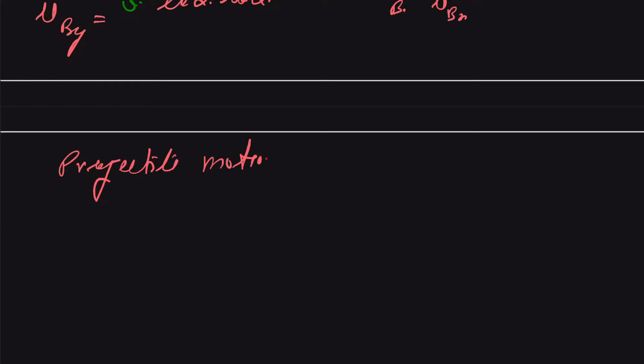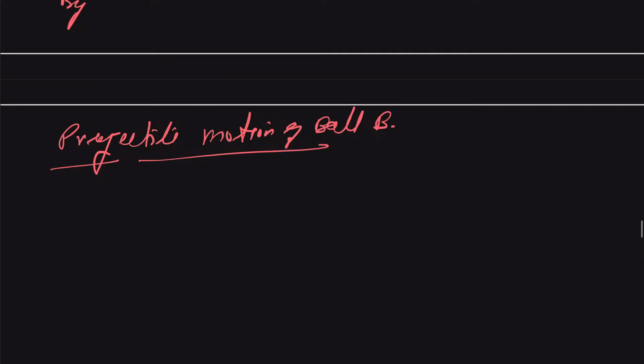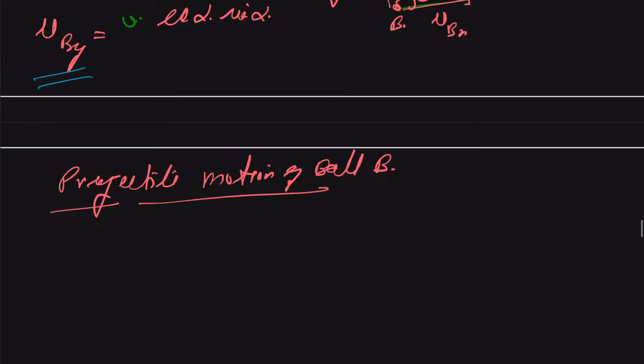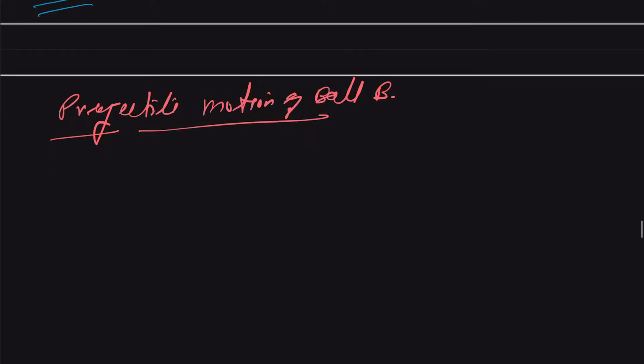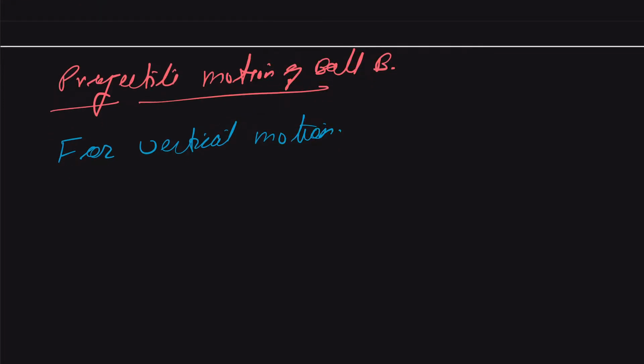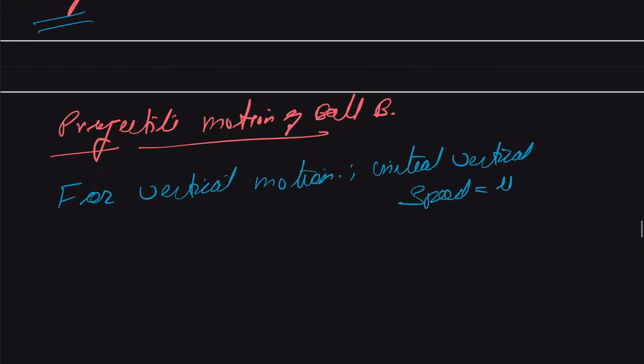Projectile motion of ball B, and its initial velocity in y direction we already know is our u_By. So for vertical motion we are given that initial vertical speed is u_By.